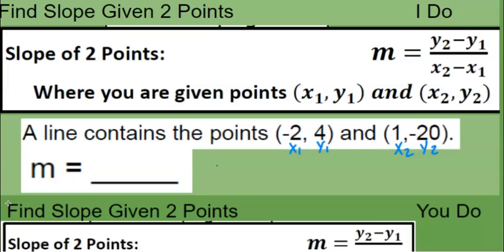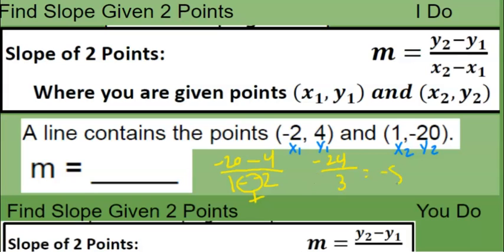So we have -20 minus 4 all over 1 minus -2. We're going to add those two because they have the same signs. We have -24. Two negatives turn to a positive because negative times negative is positive. 1 plus 2 is 3.